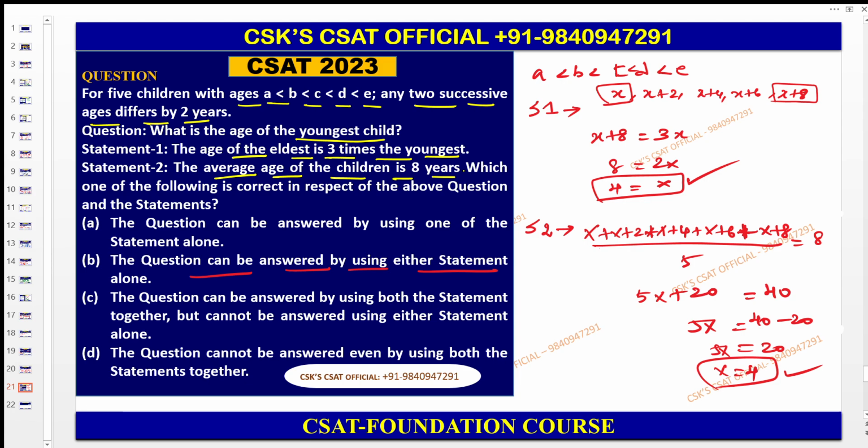The question can't be answered by using both, this is wrong. Either of the statements you can use to answer. Therefore, you can eliminate A also. You can eliminate the option 'can't be answered using either', since either statement alone you can use and you can answer. So the answer for this question is B.